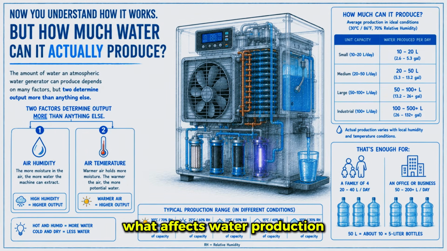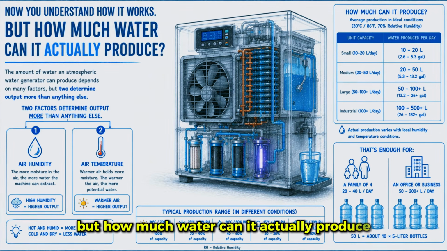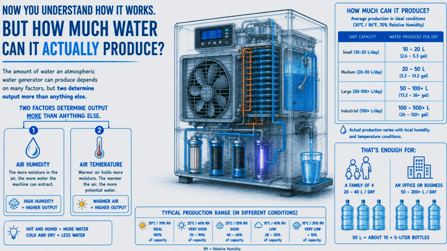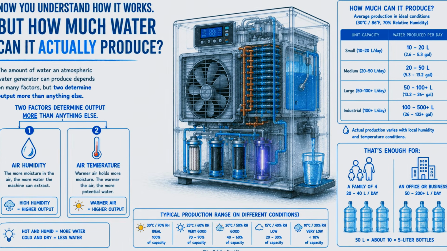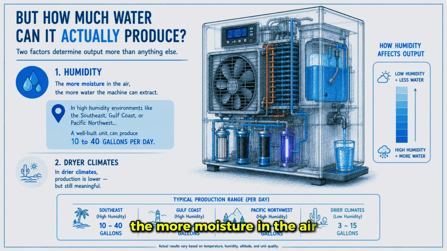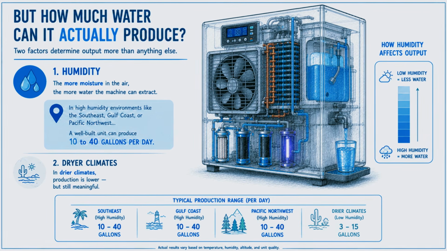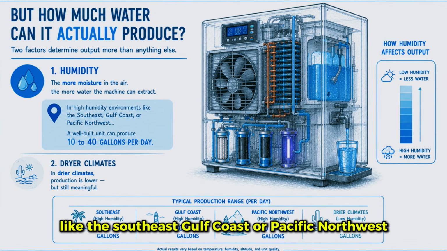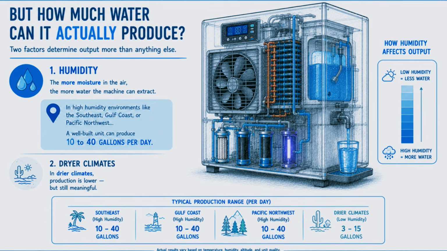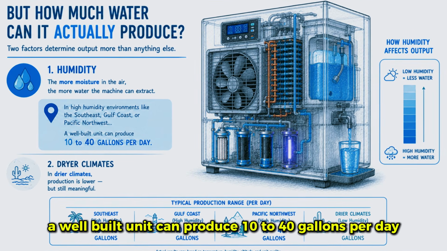What affects water production? Now you understand how it works. But how much water can it actually produce? Two factors determine output more than anything else. Humidity. The more moisture in the air, the more water the machine can extract. In high humidity environments like the Southeast, Gulf Coast, or Pacific Northwest, a well-built unit can produce 10 to 40 gallons per day.